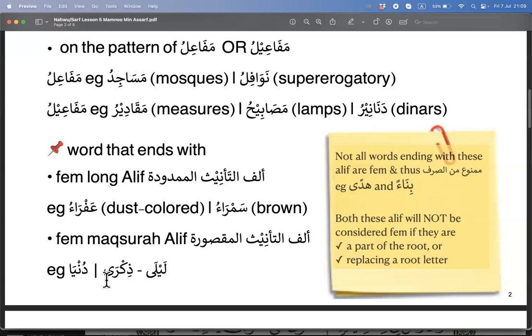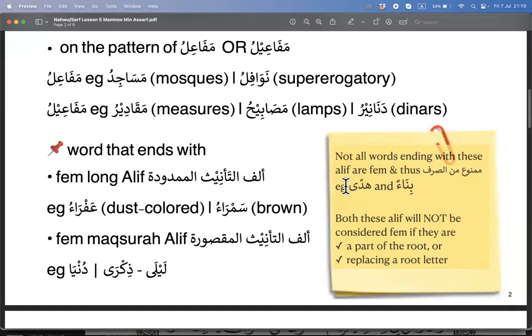The difference is that you see the alif maksura at the word dhikra, right? You see 3 letters before it. Laila also, lam ya lam, 3 letters before it. Dunya also 3 letters before it, right? So the word hudan, how many do you see before the alif? 2 only.